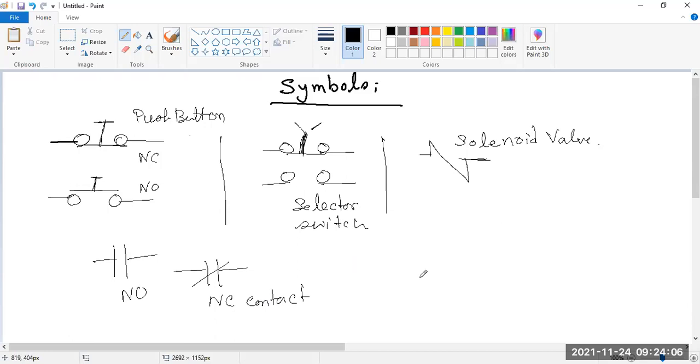Normally, this type of symbol you have seen in your PLC ladder logic, but it may be a round symbol. Some PLCs provide this type of round symbol, somewhere it is given in this way. This is called a coil.